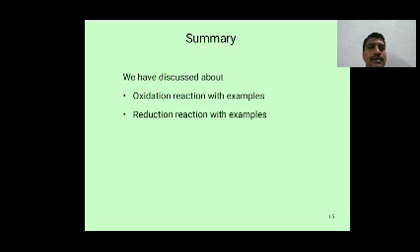Reduction reaction: gain of electrons is called reduction, for example Cl plus 1 electron forms Cl minus. Redox reaction: a reaction in which oxidation and reduction occur simultaneously in a single reaction is called a redox reaction, like Zn plus Cu plus 2 to form Zn plus 2 plus Cu.